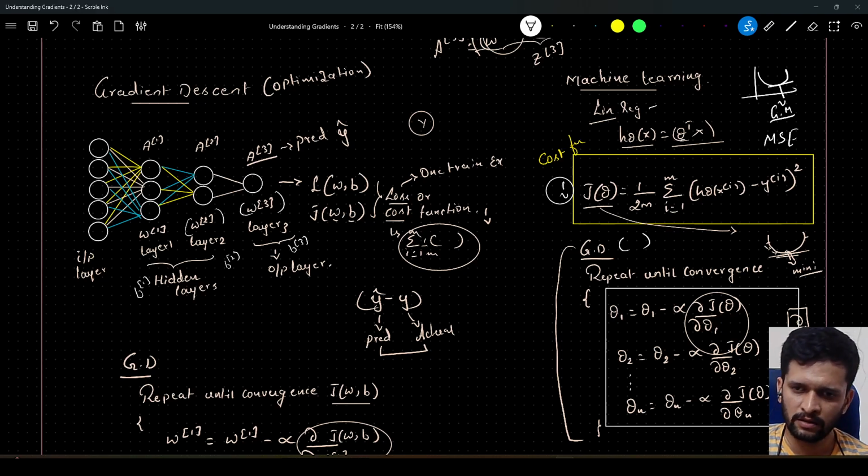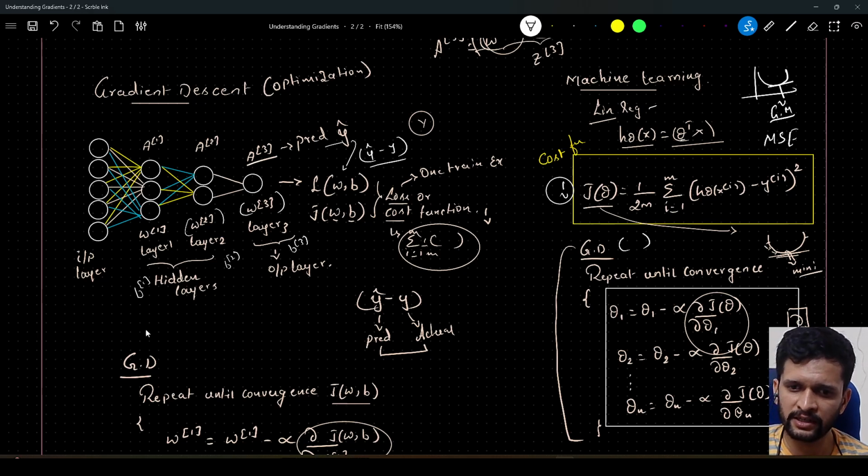Whatever output we get, that is A3, is also called our prediction. We plug this into our loss function, which calculates how close the predictions are to the actual values and comes up with a value we call the loss. This loss is influenced by weights and biases, because our predictions are influenced by weights and biases. Hope you are clear on this part.